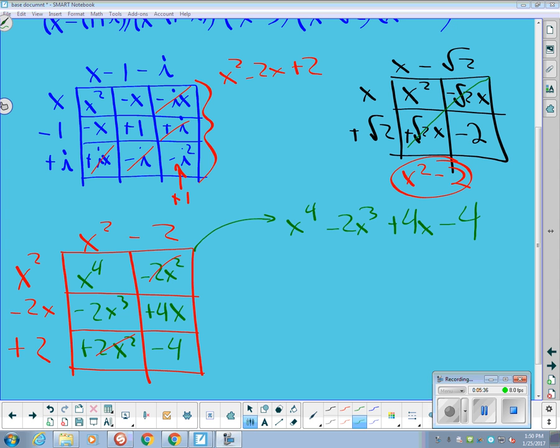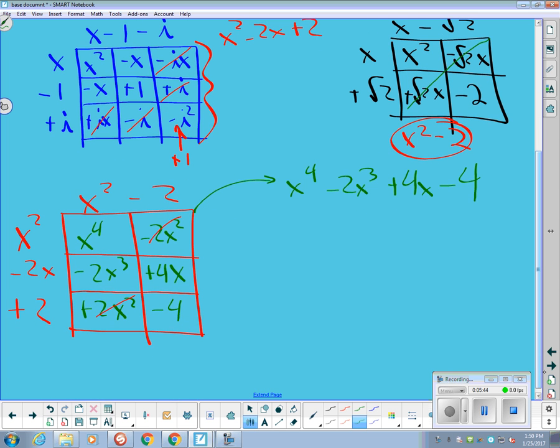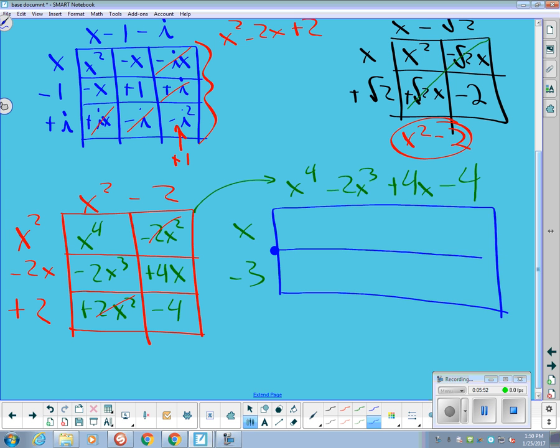So all that remains is to multiply that by our x minus 3. We haven't done that one yet. So let's bring the x minus 3 down here. Build our area model and fill it in.